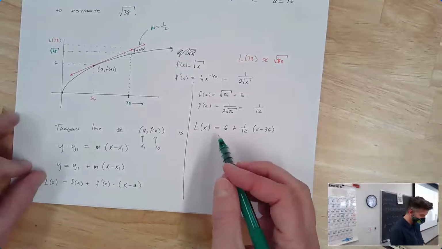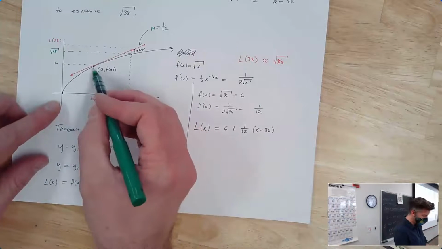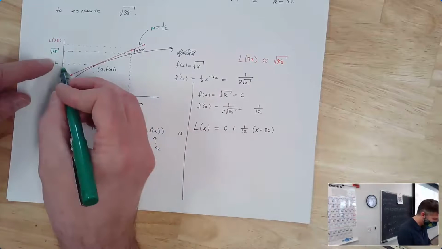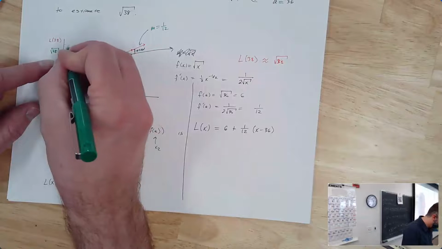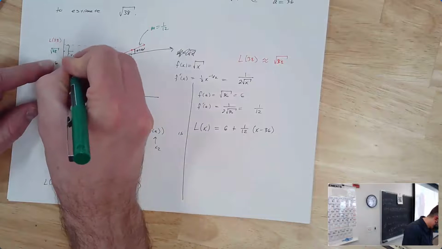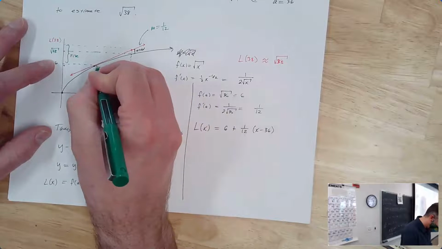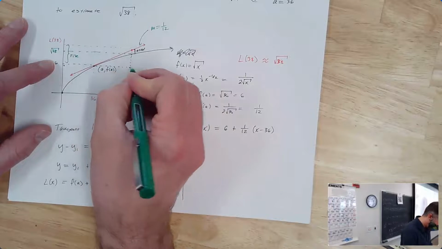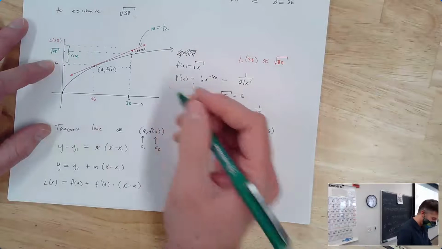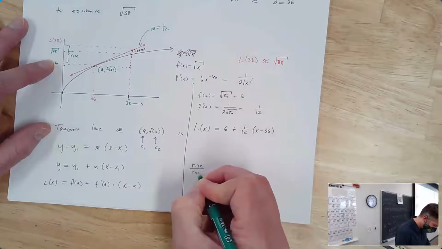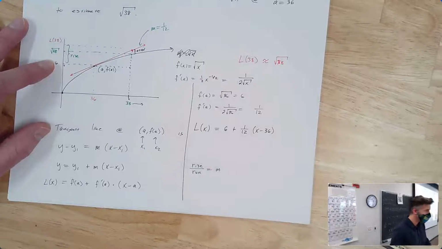So what we're saying here is if I want to approximate the value of this function at 38, here's what we're going to do. We're going to get 6, and then we're going to add on the rise. Well, we can find the rise, right? We just need to know how far over we go and what the slope is, because the rise over the run is equal to the slope.